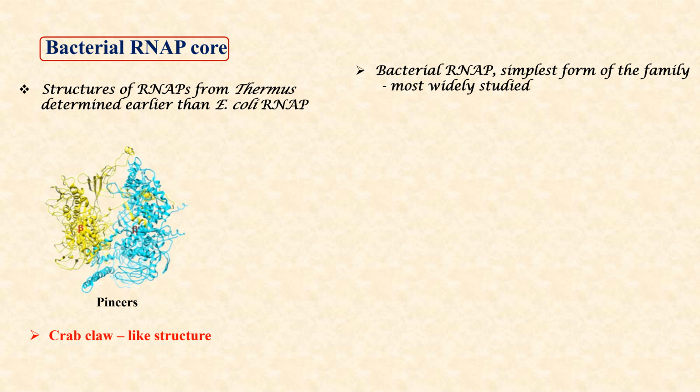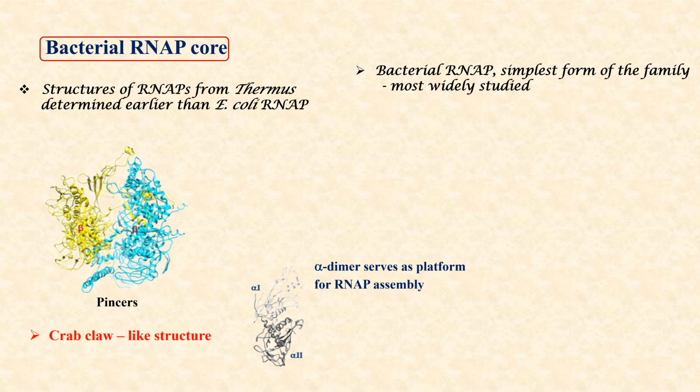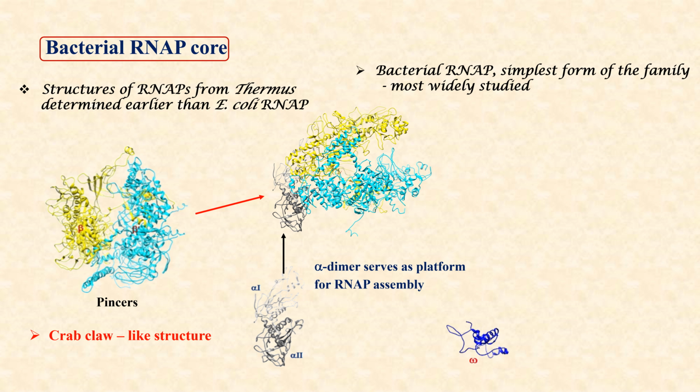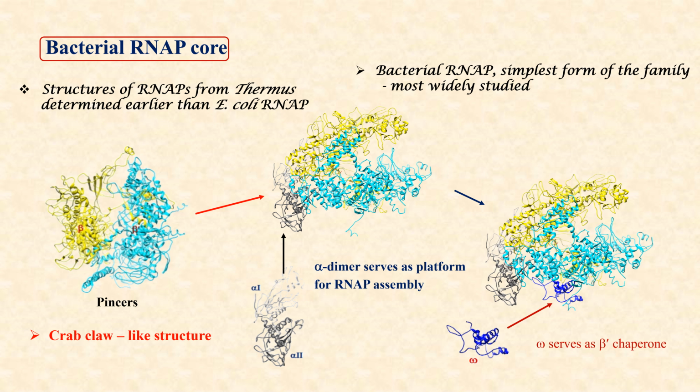The largest subunit, beta prime, forms one pincer called the clamp, while the second largest subunit, beta, forms the other pincer. The bases of the pincer are joined to the N-terminal domains of alpha subunit dimer that serves as a platform for RNA polymerase assembly. Omega serves as a beta prime chaperone.